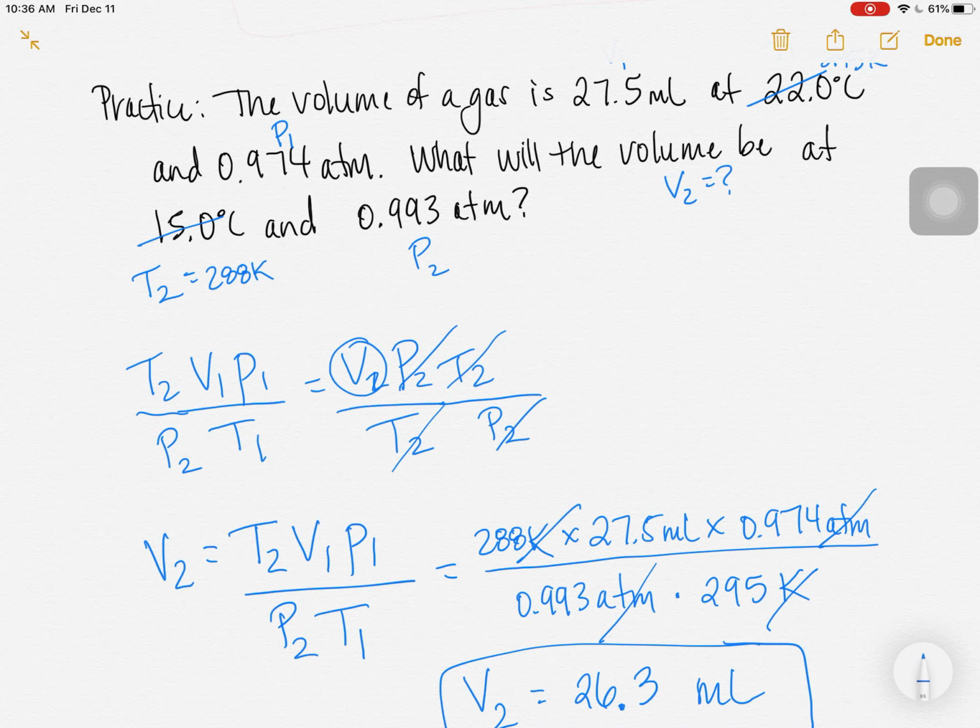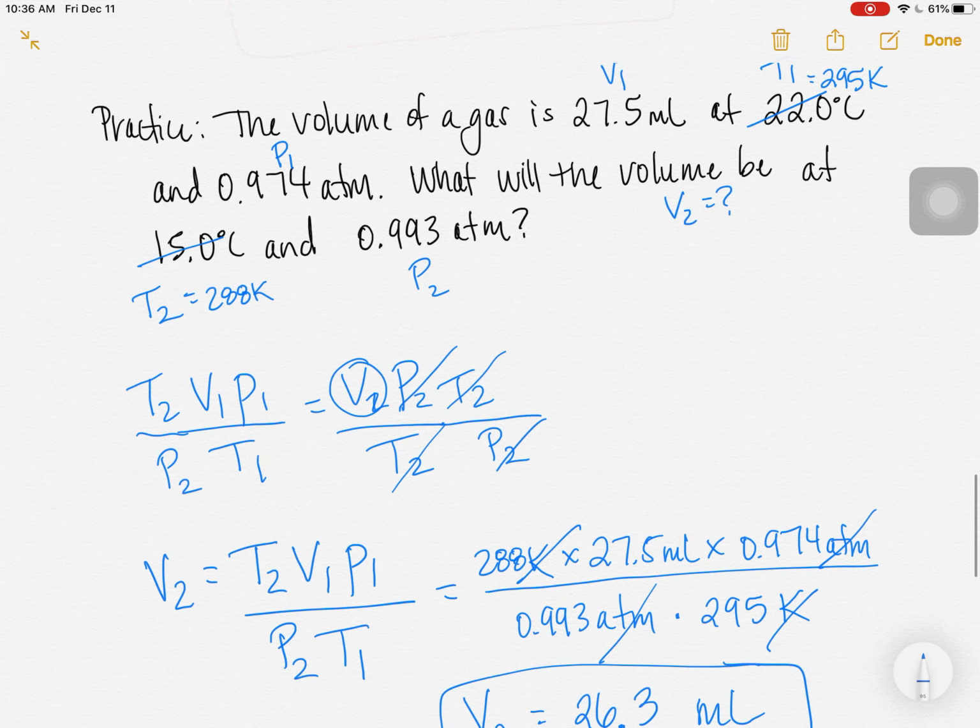Now this one's a little harder to rationalize, and I'll tell you why, because it's all relationships combined. Like if you look at what happened to temperature, the temperature went down, right? So if it was just temperature, we would expect the volume to also go down, but we also have pressure.